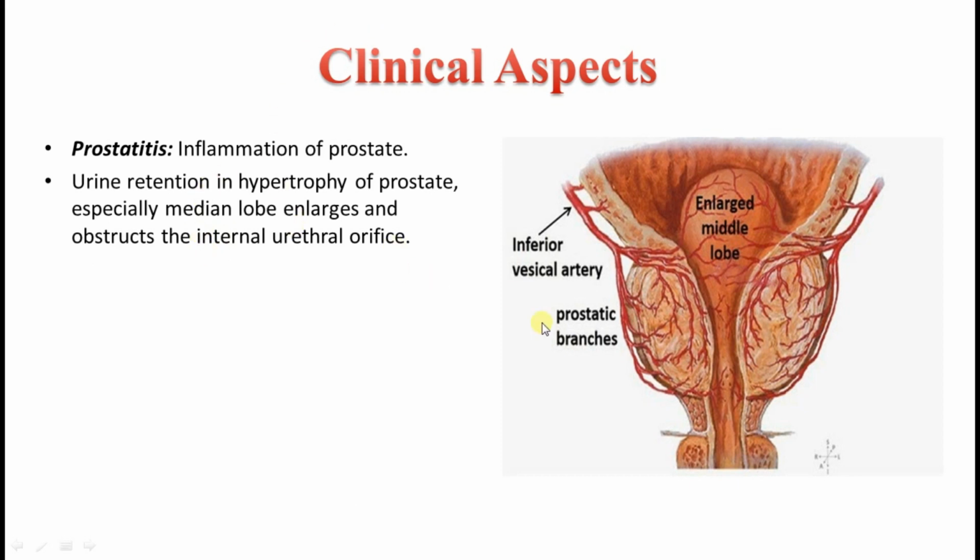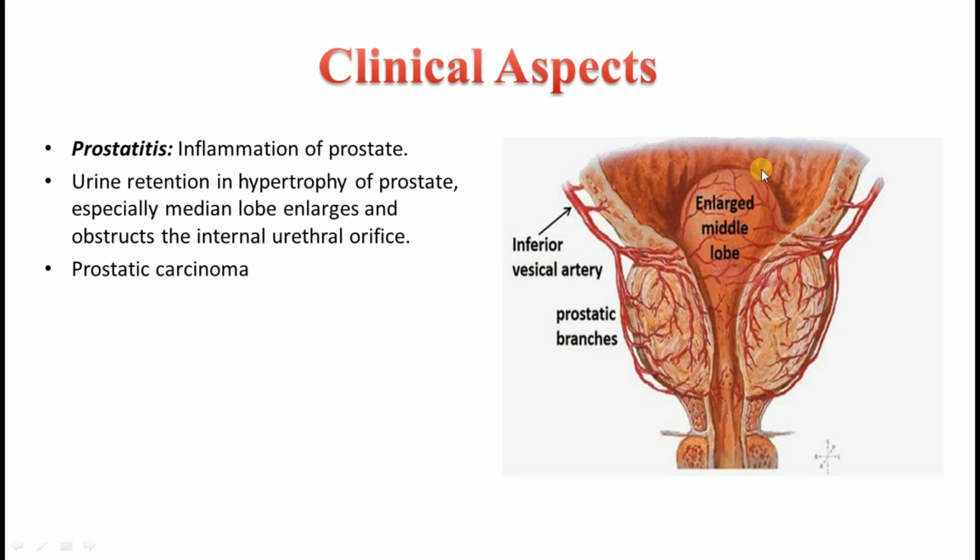In benign hypertrophy, the median lobe, the uvula vesicae, might enlarge and actually compress or block the internal urethral opening. Because of that, there is urine retention, which is difficulty in passing urine.